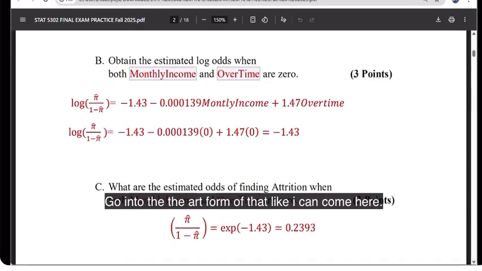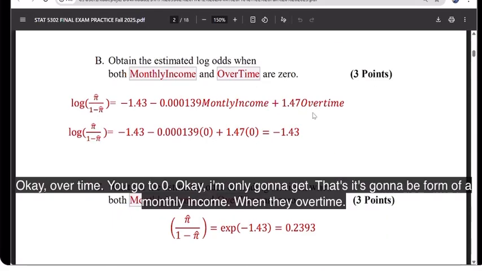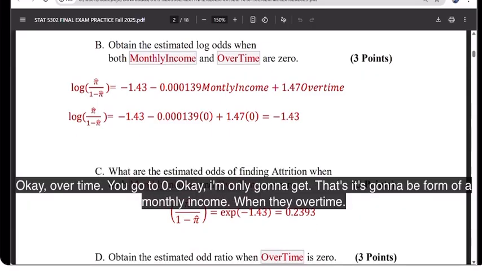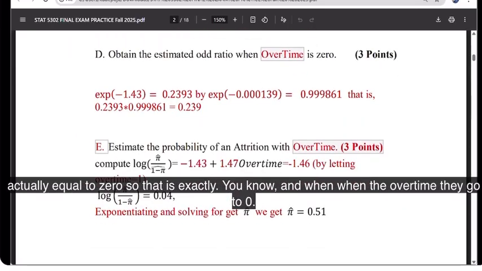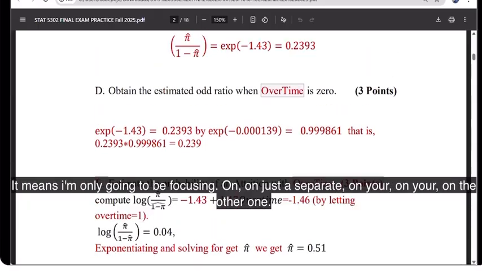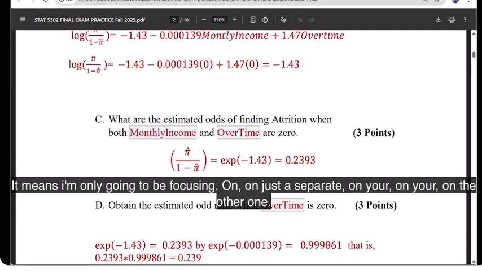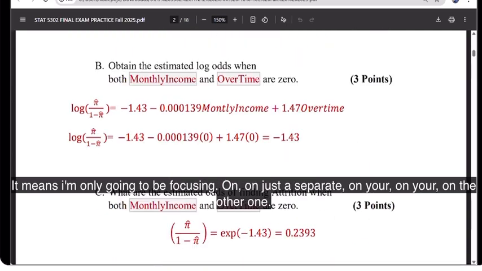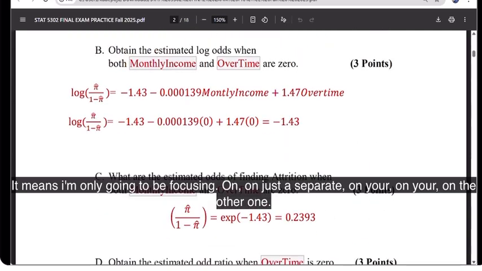I can come here, overtime equal to zero, and I'm only going to get it in the form of monthly income when the overtime equals zero. So when the overtime is zero, I'm only going to be focusing on the other one.